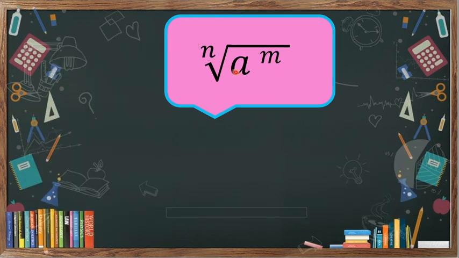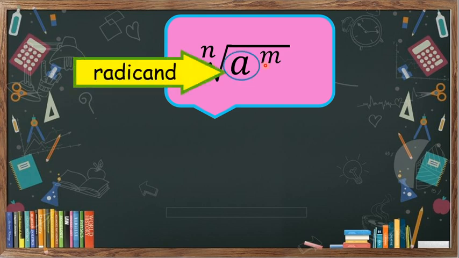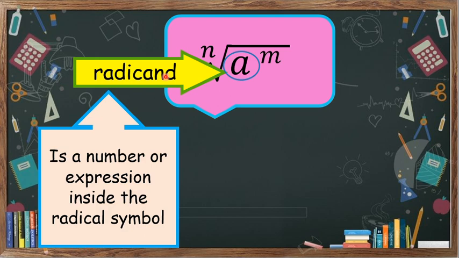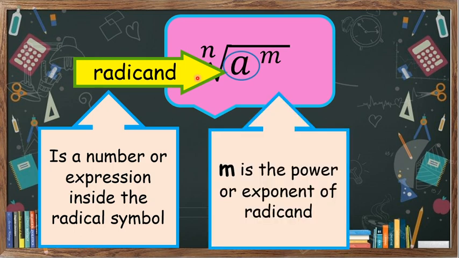Nth root of a raised to m. The a here is the radicand, because a or any variable written inside the radical symbol is the radicand, a number or expression inside the radical symbol. It can be a variable or any number. That is called radicand.